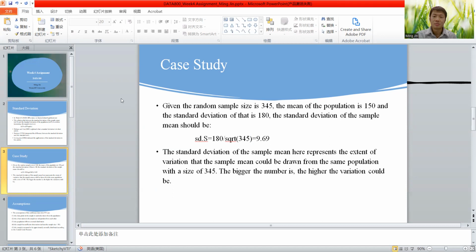That is 9.69. The standard deviation of the sample mean here means the extent of variation that a sample mean could have when drawn from the same population with a size of 345. So the bigger the number is, the higher the variation could be.